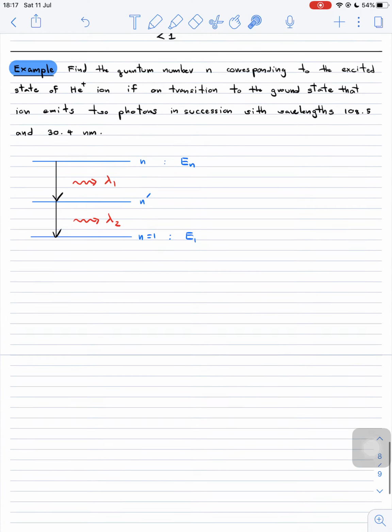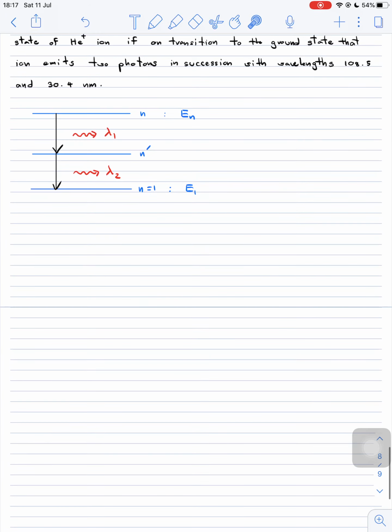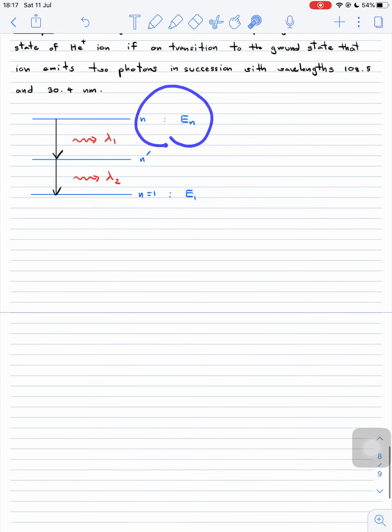But we still don't know which is lambda 1 and lambda 2. Lambda 1 can be this one or this one as well, and lambda 2 can be this one or this one. We don't know yet, but we just want to find this n.